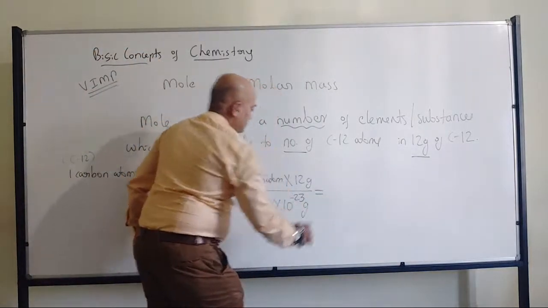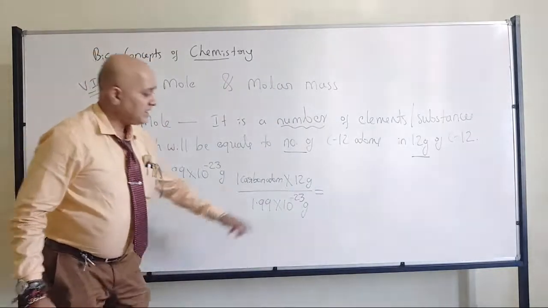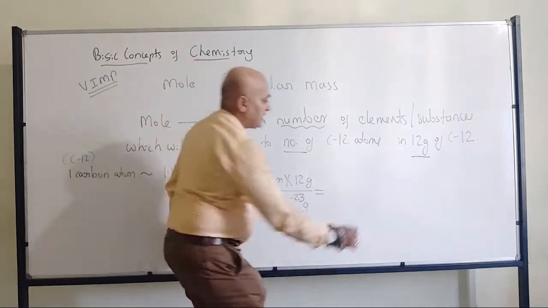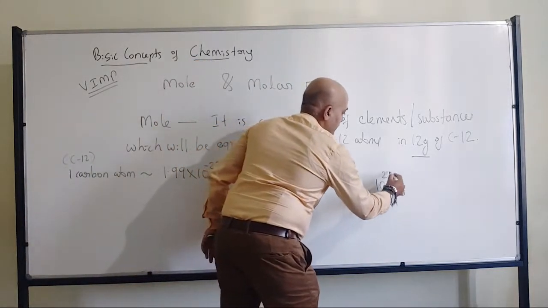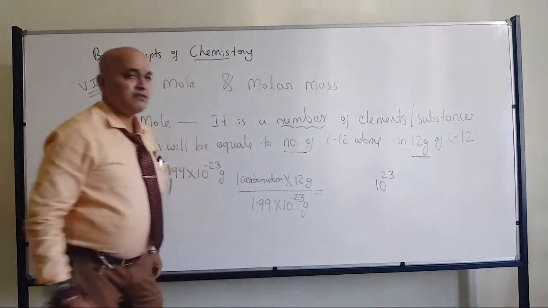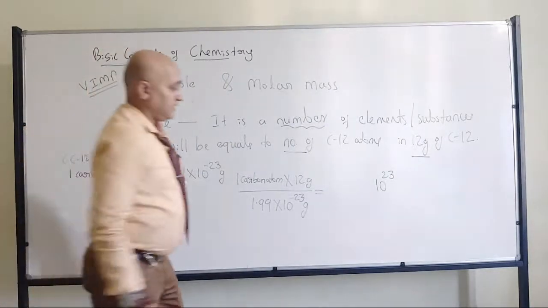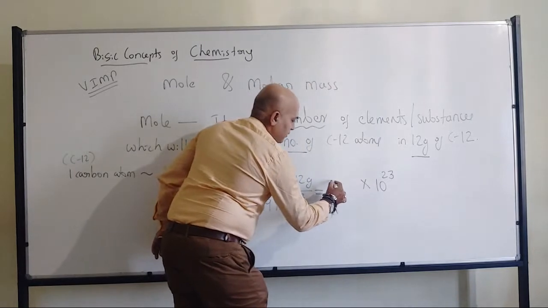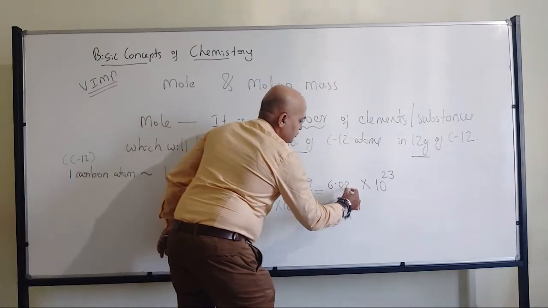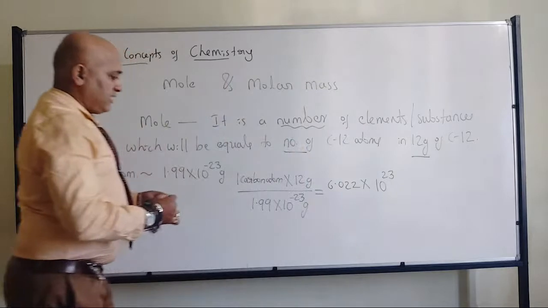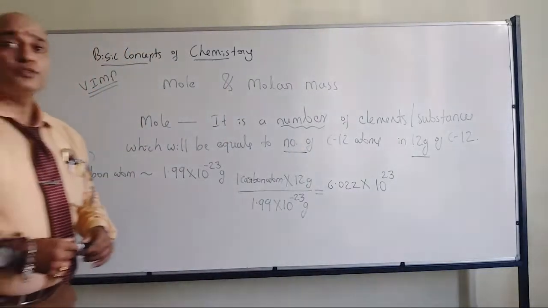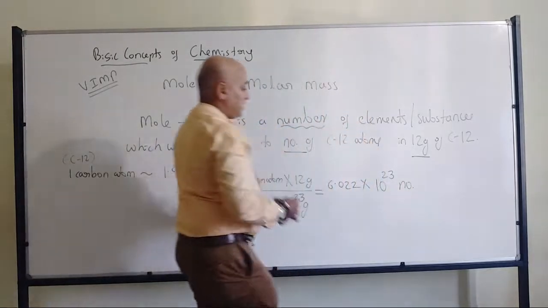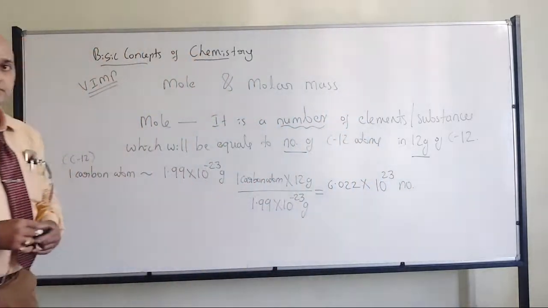If you calculate it properly, 10 to the power of minus 23, when you take it up, will become 10 to the power of 23. Minus 23 will become plus 23. So 12 divided by 1.99 is somewhere around 6.022. So this is the number with respect to the mole.